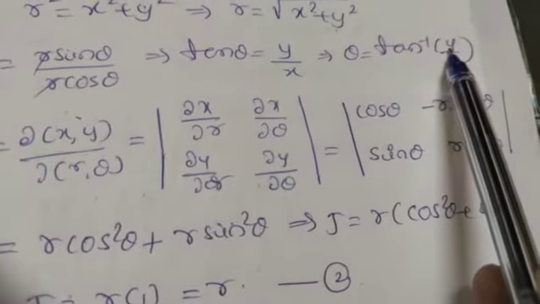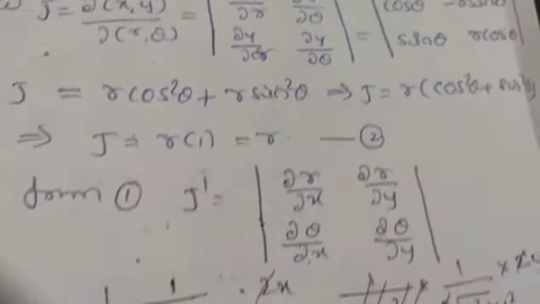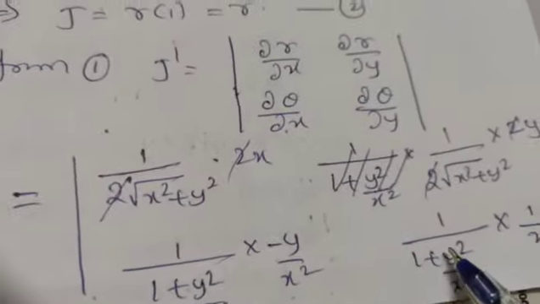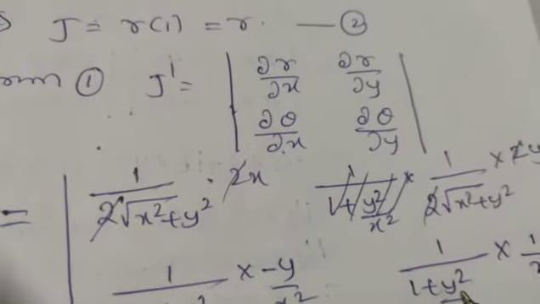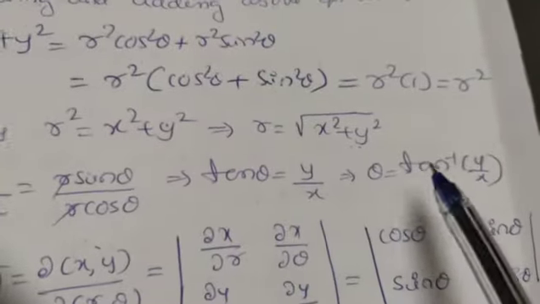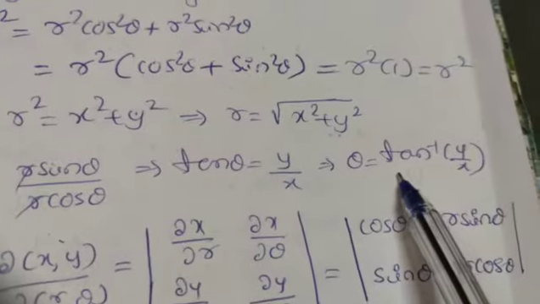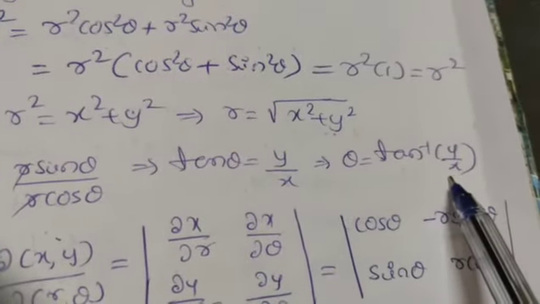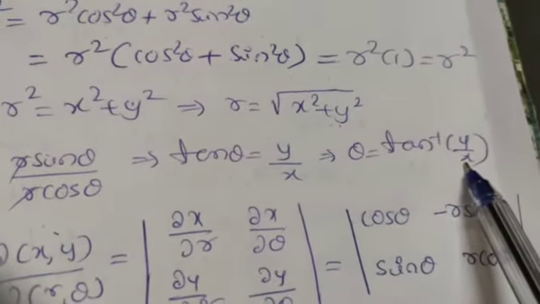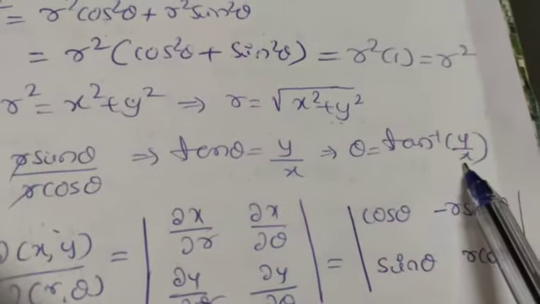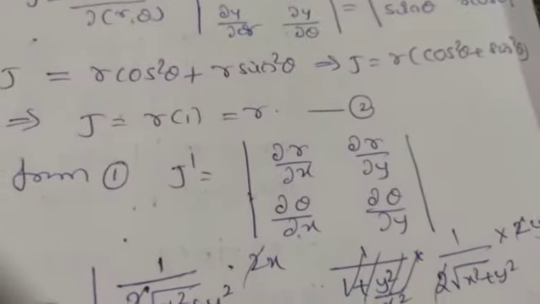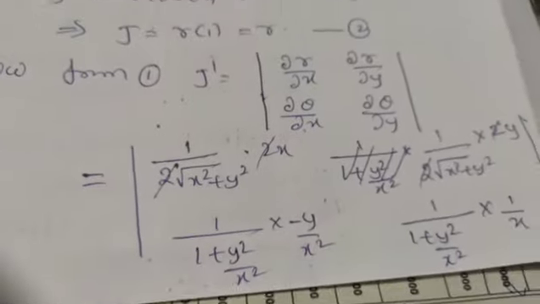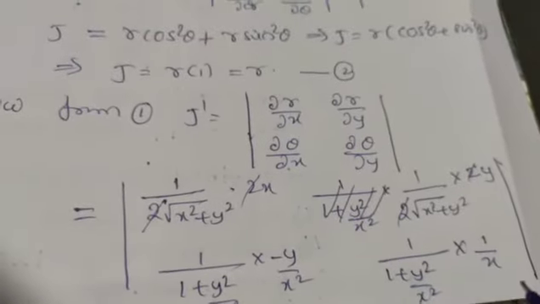Here y is constant, and the derivative of 1/x is −1/x². Similarly ∂θ/∂y is again 1 divided by 1 + (y/x)² into the derivative of y. Here 1/x is constant, and the derivative of y is 1. So it is the determinant of this.